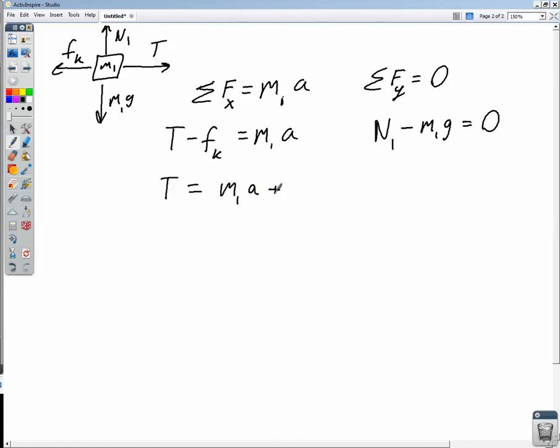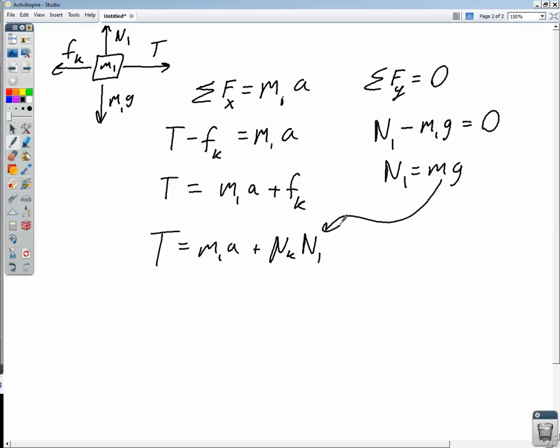M1A plus Fk. Plugging in the equation for kinetic friction, we've got M1A plus the coefficient times the normal force on block 1. Going over here on the right to the y's, N1 is equal to mg. Plugging that in down here, M1g, to be specific.